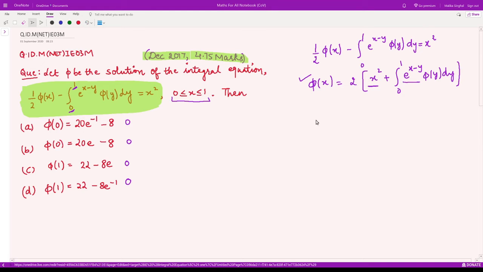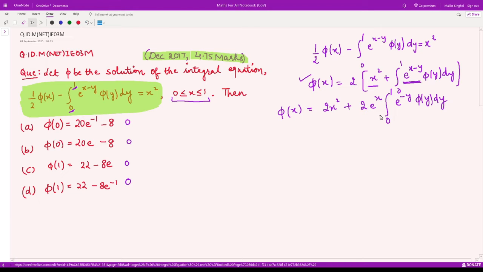So here we can see that this kernel is in the separable form, right? So we can write this as 2x square, and here we can write this as 2 e to the power x common because it does not contain y term, and then I could write this as integration from 0 to 1 e to the power minus y phi of y dy, right? So now let us solve this.